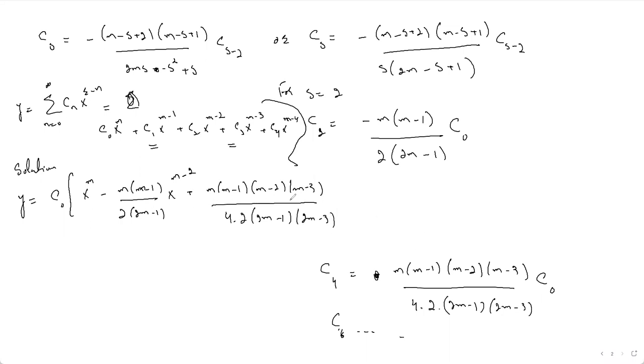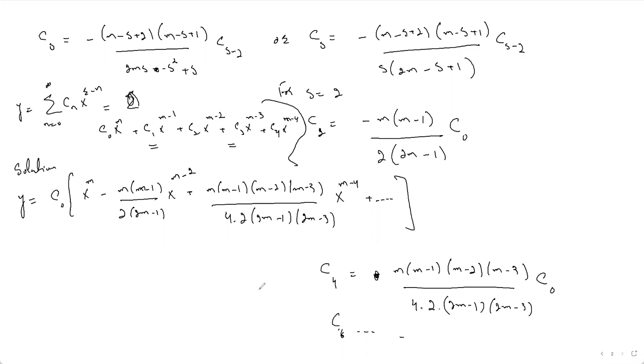Now C0 I have already written outside, x raised power m minus 4 for C4, okay, plus some other terms. This is a solution corresponding to one of the roots, r is equal to m, right?